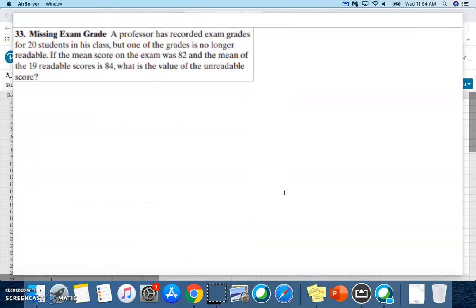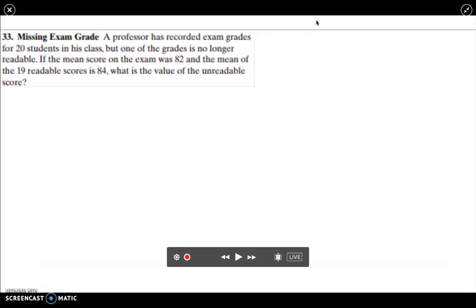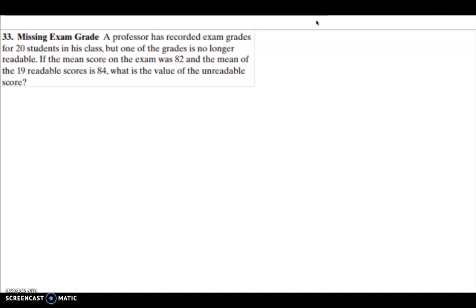Now the last thing we're going to look at is an idea where we've got a missing score or a missing grade. A professor has recorded exam grades for 20 students in his class, but one of the grades is no longer readable, so something happened to it. But he knows that the mean score was 82.